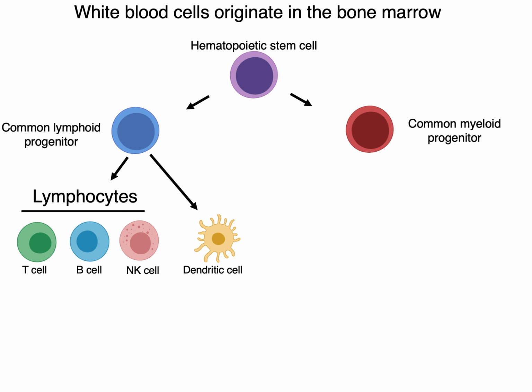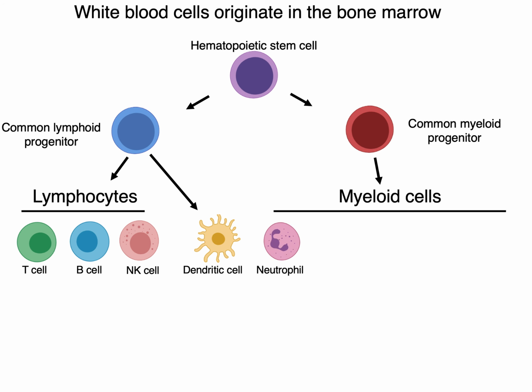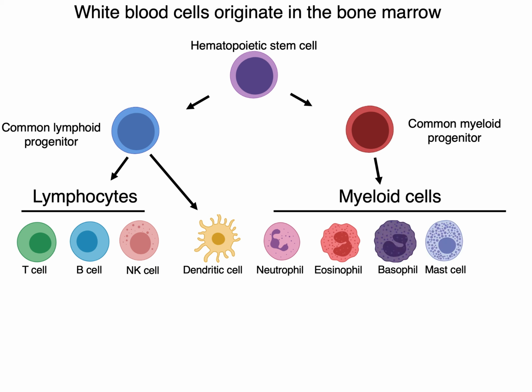And they also give rise to an interesting cell type that we'll learn more about later called the dendritic cell. Common myeloid progenitor cells, in turn, give rise to myeloid cells, and that includes things like neutrophils, eosinophils, basophils, mast cells, and monocytes. And they can also give rise to some dendritic cells, and so this is a complicated cell type. And again, we'll learn more about dendritic cells later.